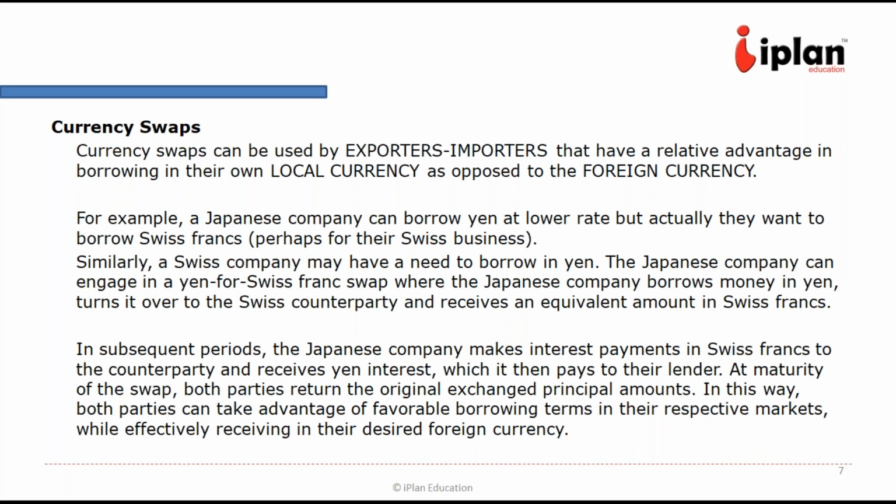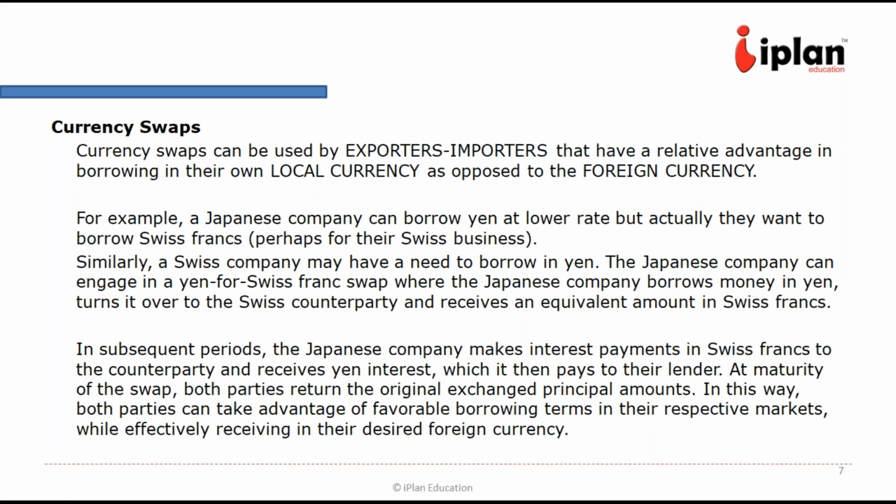So technically here the cost of interest is switched along with the loan. Now this guy is actually having 3% and this guy is actually having 2%. The Japanese guy has to pay 2%. Now when they switch, the Japanese guy has to pay 3% and the Swiss guy has to pay 2%.